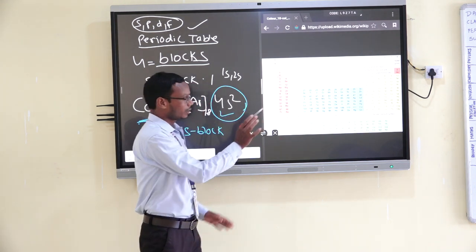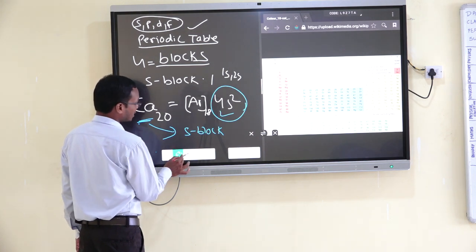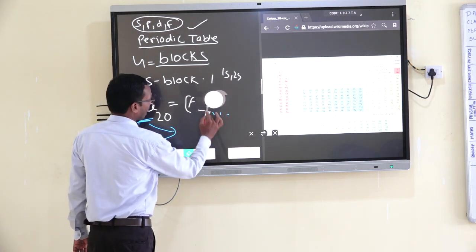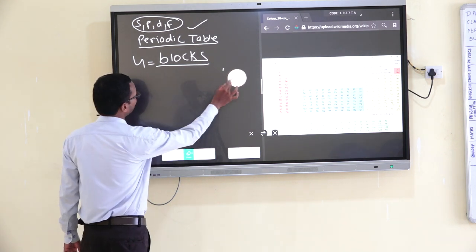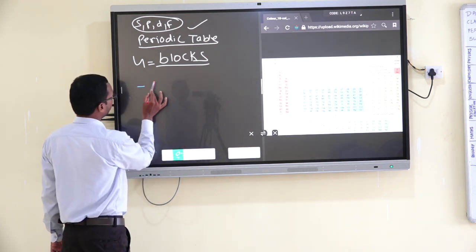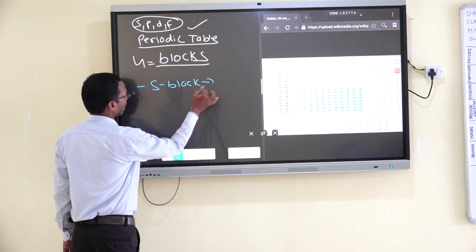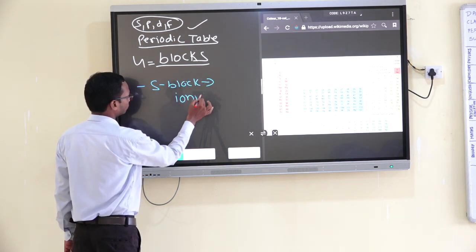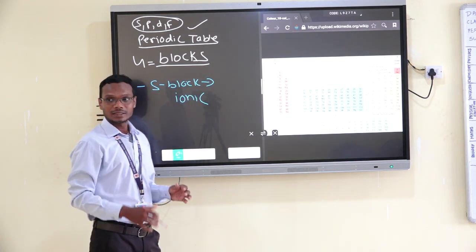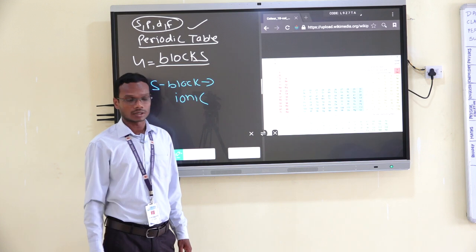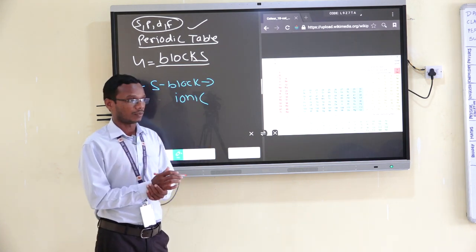Now, S block elements are generally ionic compounds, because they generally lose electrons due to the presence of the S orbital.